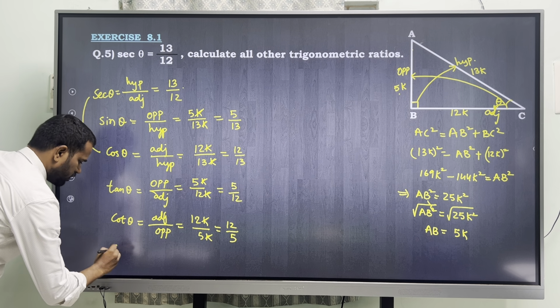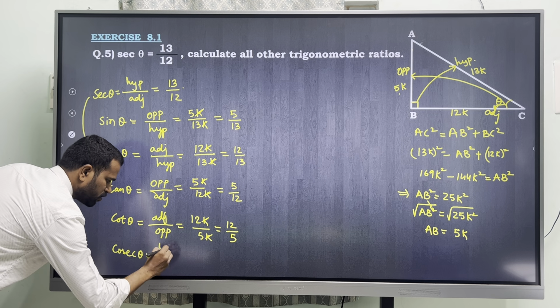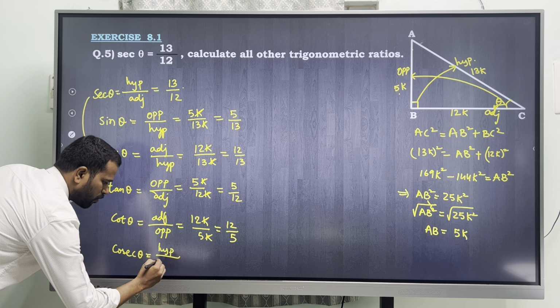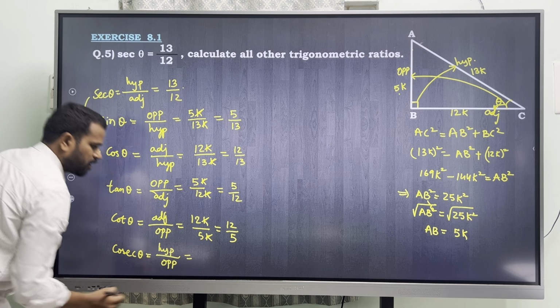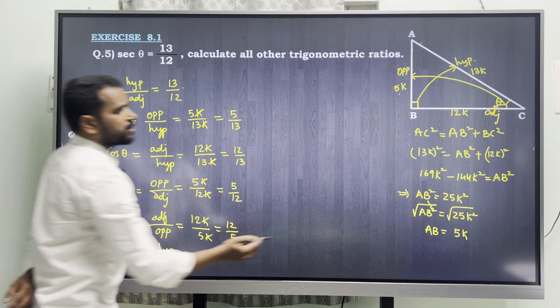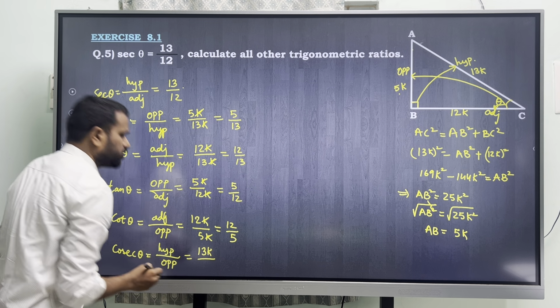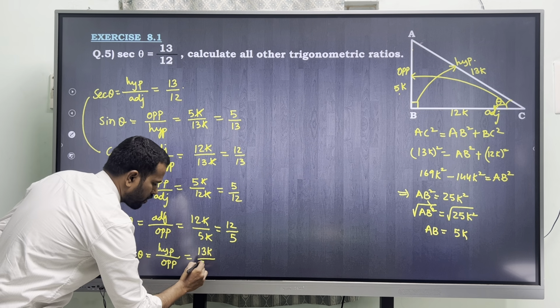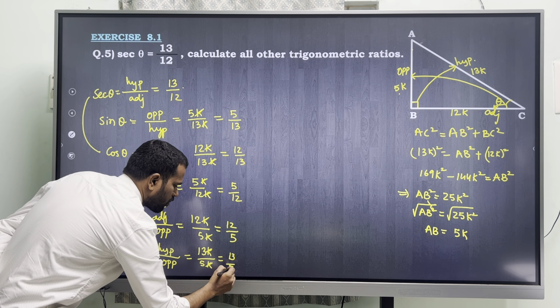Next, cosecant theta. Cosecant theta is hypotenuse upon what? Opposite. This is the reciprocal of sin theta, right? So how much? Hypotenuse is 13k and the opposite side is 5k. So 13 upon 5.